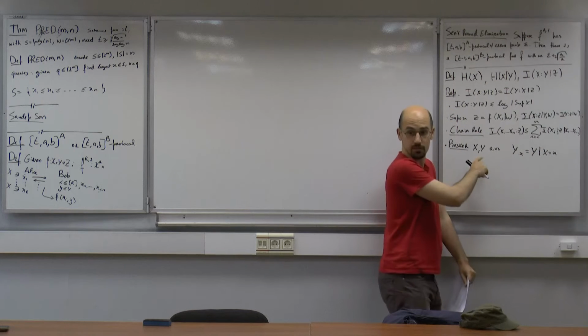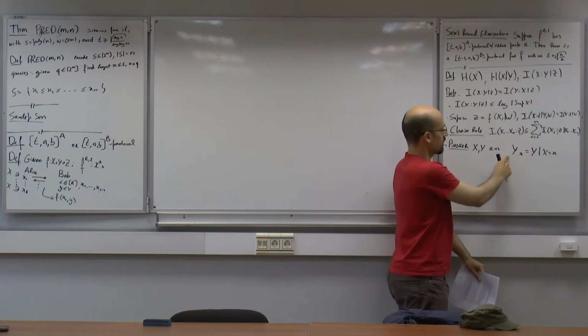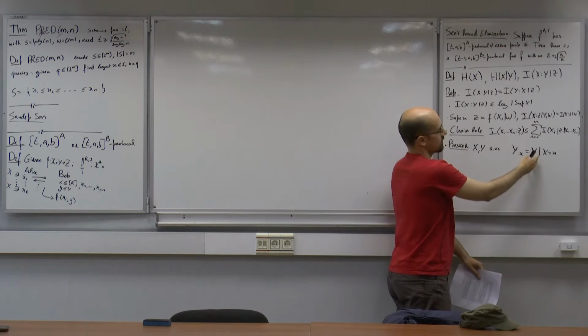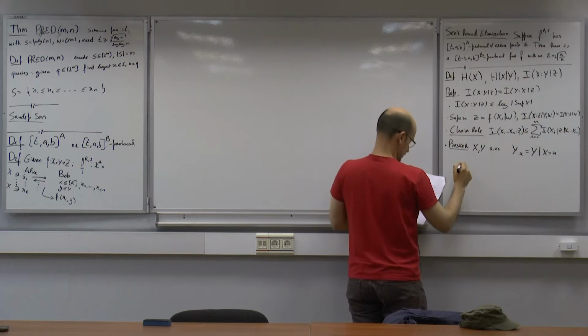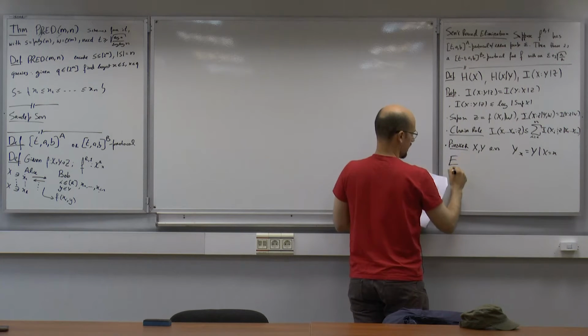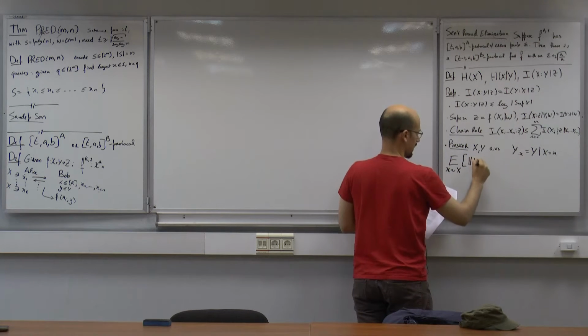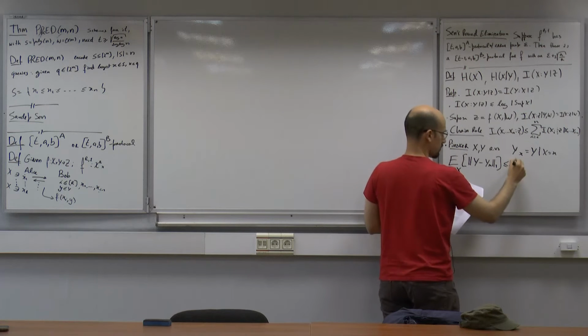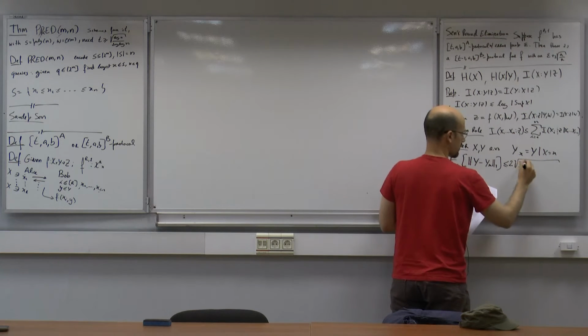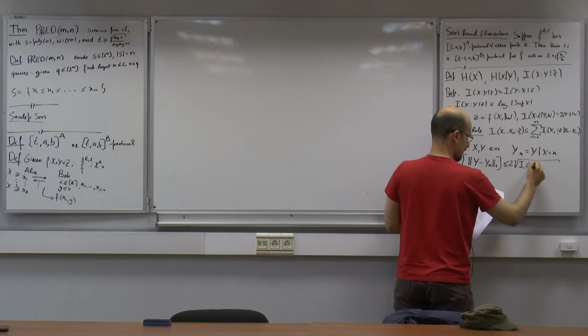So X and Y could be correlated. Yx is the distribution of Y conditioned on X being x. Then if I pick little x according to the distribution of X, and I look at the average L1 distance between Y and Yx, this is at most 2 times the square root of the mutual information between Y and X, or X and Y.